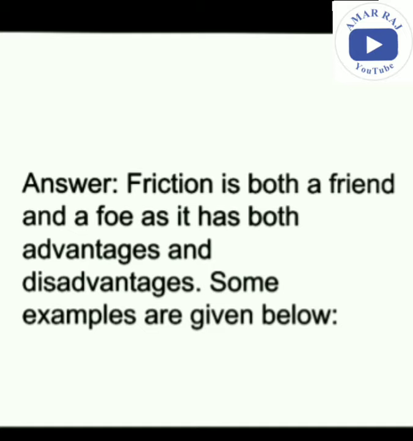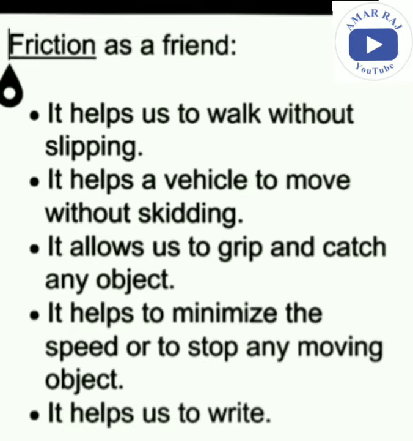Friction is both a friend and a foe as it has both advantages and disadvantages. Some examples are given below. Friction as a friend. Example number 1: it helps us to walk without slipping. Next example: it helps a vehicle to move without skidding.